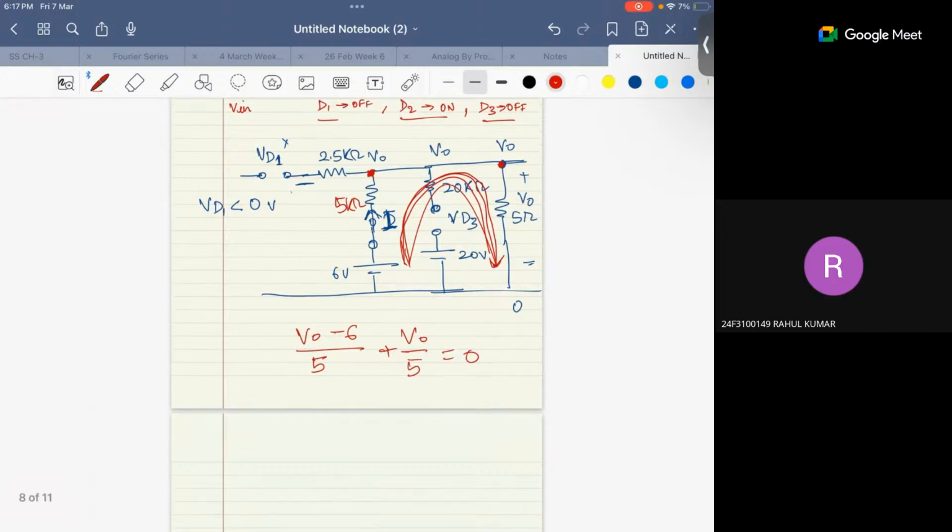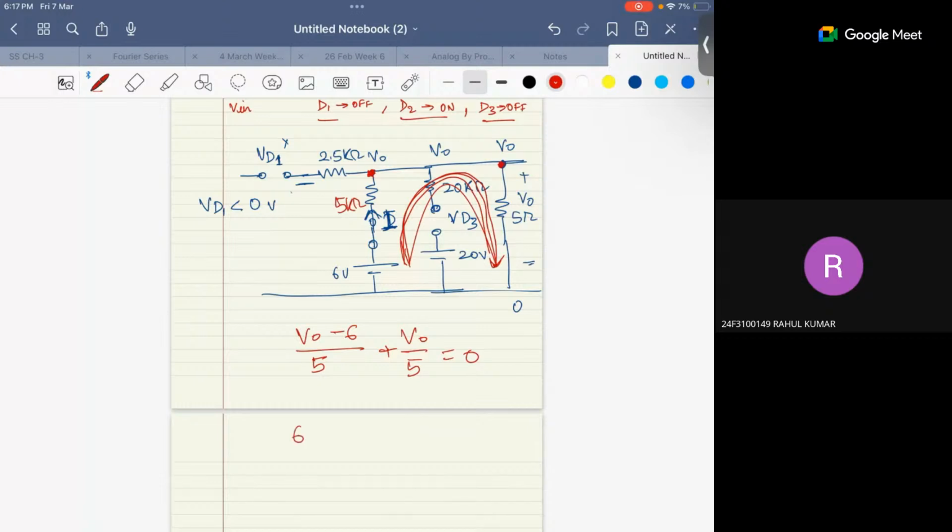Yeah, so here you have a voltage, V. If the current is passing, you can write it anyway, 6 minus V naught, and you can write it like this also. It is not going to impact you. Are you getting me or not? See, you can write the equation like that also.